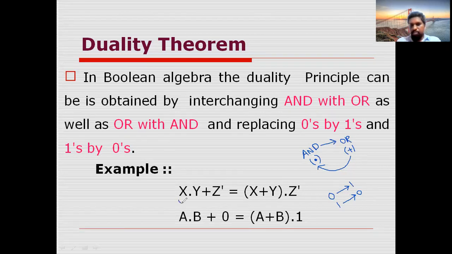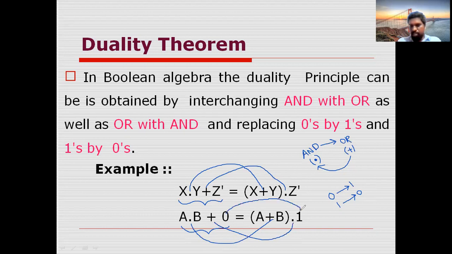Suppose you take this as your question. Here I replaced dot with plus, and I replaced plus with dot. In the second expression, I replaced dot with plus, plus with dot, and the 0 is replaced with 1.